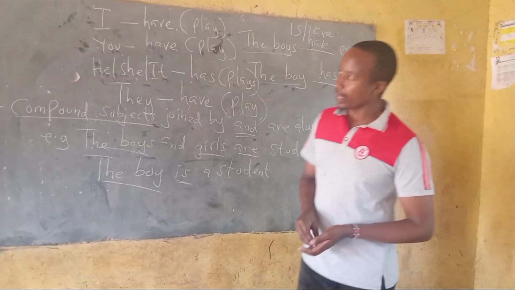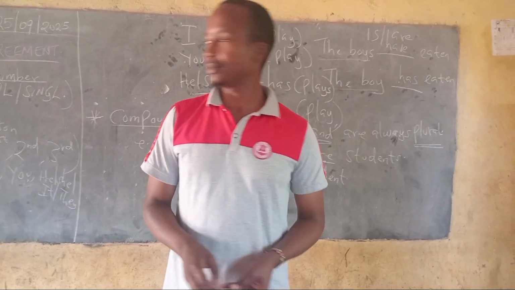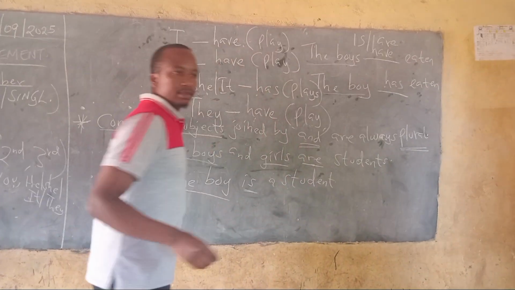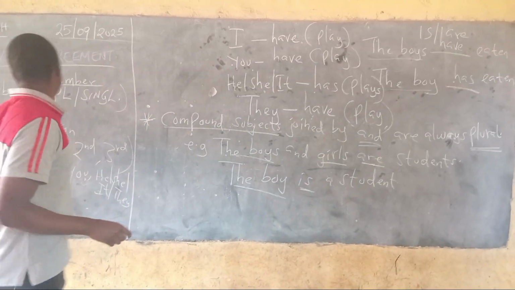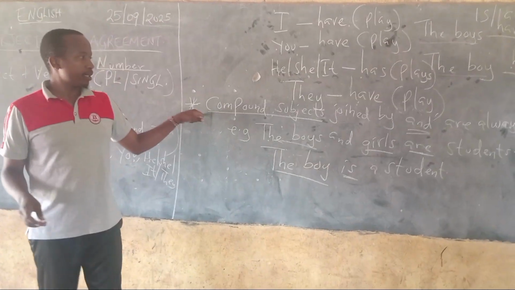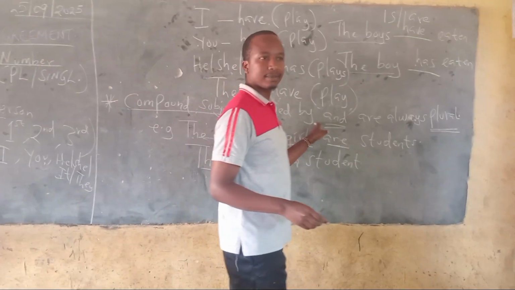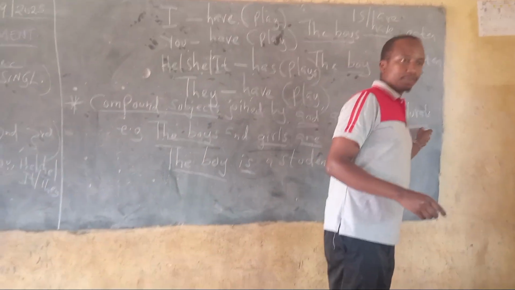And then to summarize or to conclude, I'm not going to take a lot of time. The first rule was that, then this will be the second. Compound subjects joined by and are always plural.